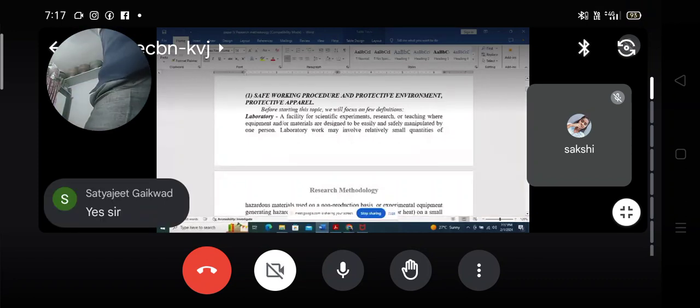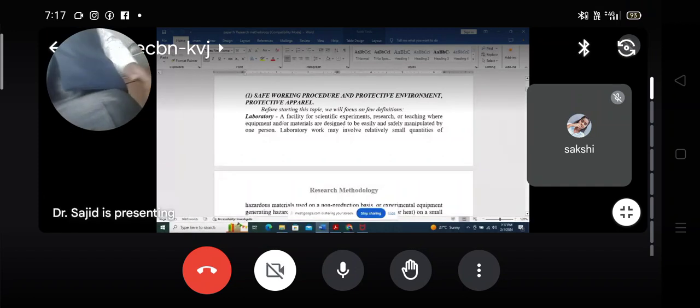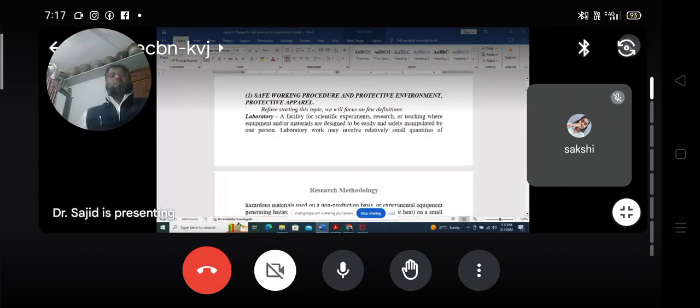If your answer is yes, then you are taking care of this thing. Which chemicals are hazardous and what safety should be there in the lab? Anybody knows this? Anyone can answer?